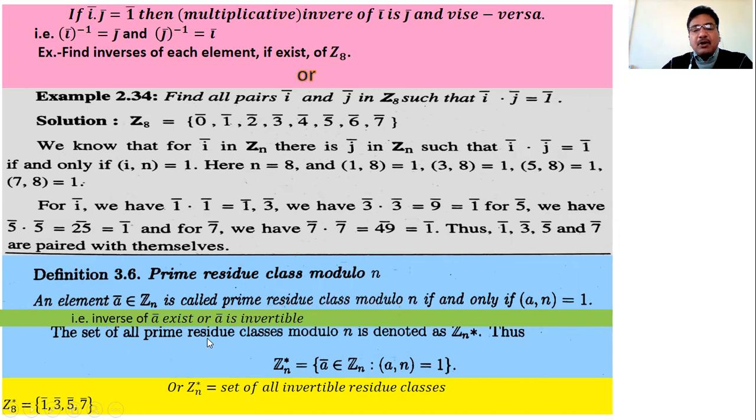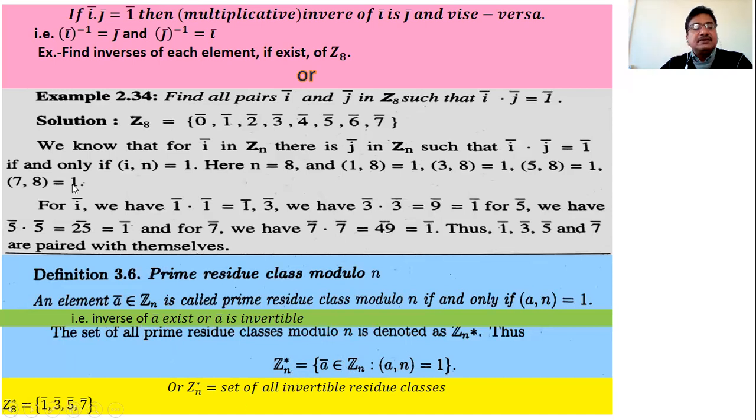And the set of all prime residue classes modulo n is denoted by Zn star. So Zn contains all residue classes, and Zn star means the set of prime residue classes. An element a bar of Zn such that the greatest common divisor of a and n is 1, meaning a bar inverse exists, or a bar is invertible, belongs to Zn star.